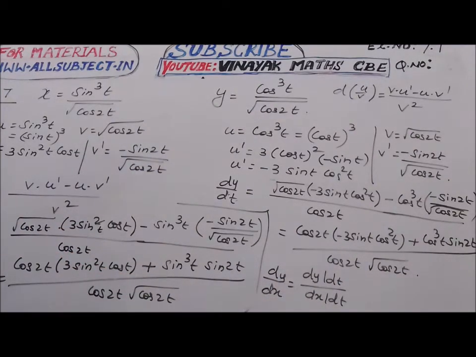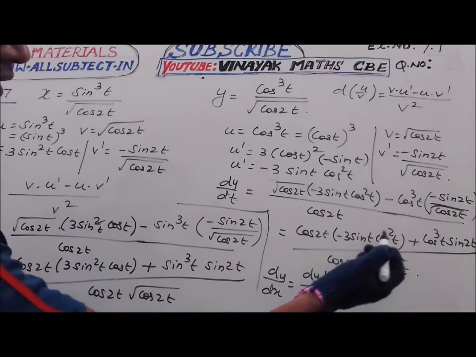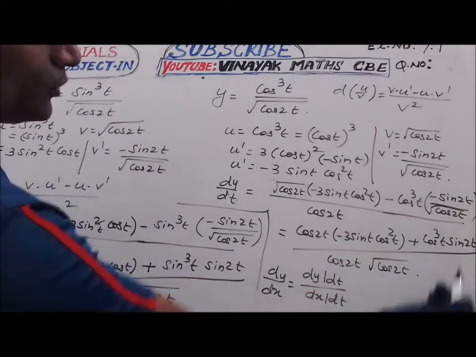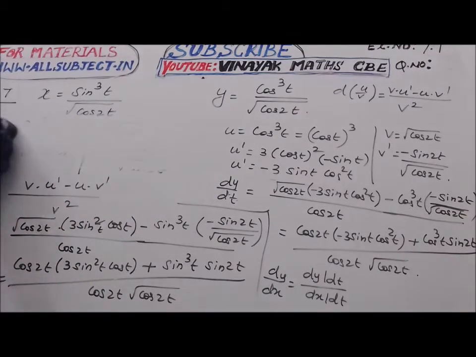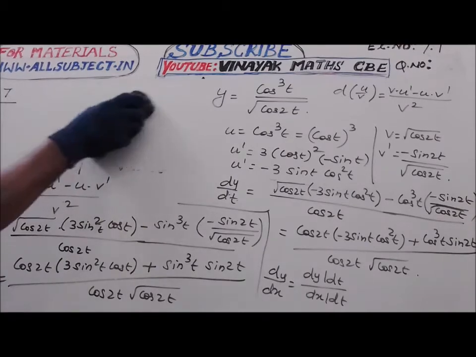The remaining is cos 2t into minus 3 sin t cos square t plus cos cube t sin 2t divided by cos 2t into 3 sin square t cos t plus sin cube t into sin 2t. Now I'm writing here the value of dy by dx.